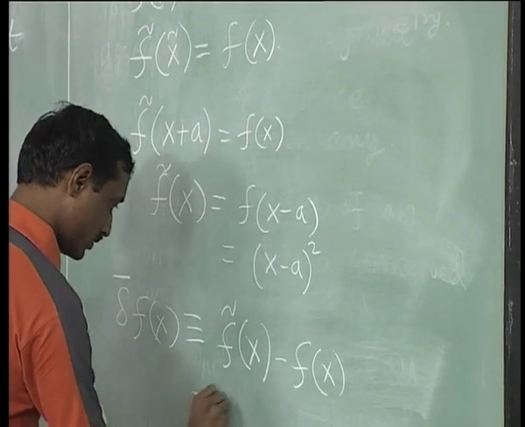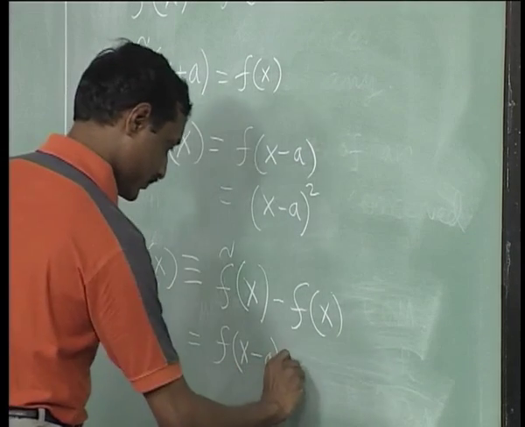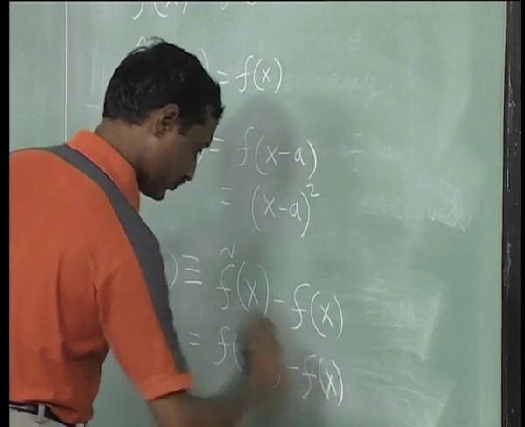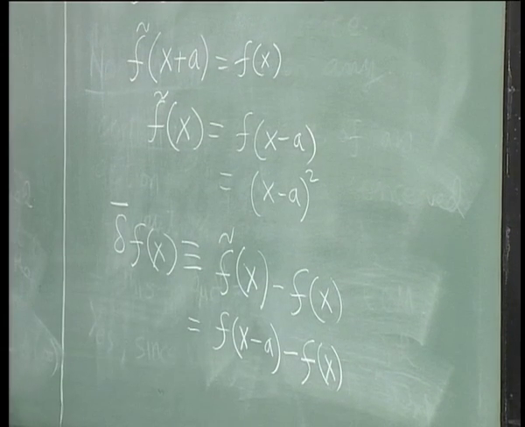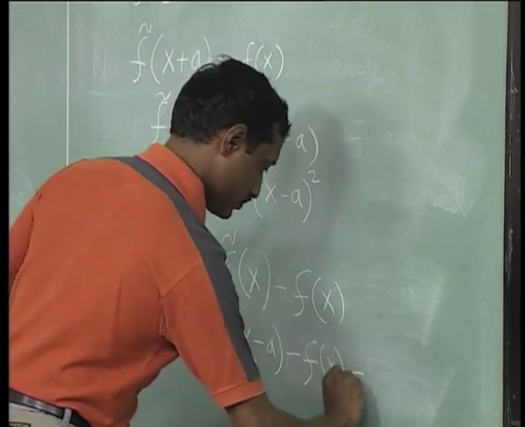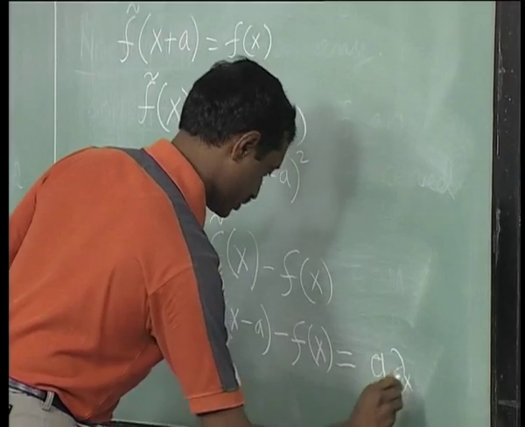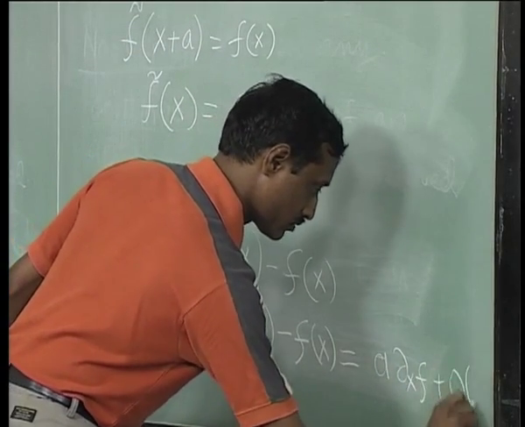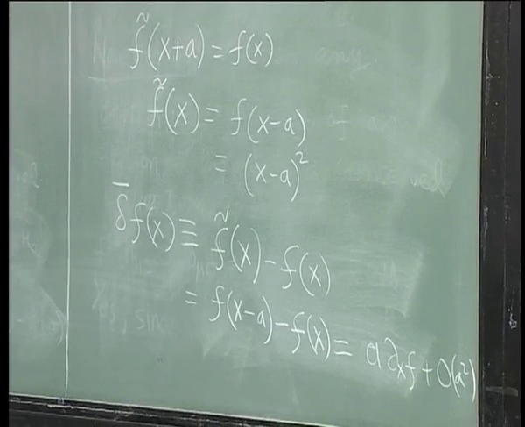According to this, this is just f of x minus a, and let us expand this thing to first order in a, neglecting terms of order a square.